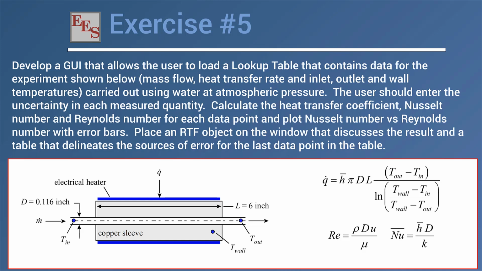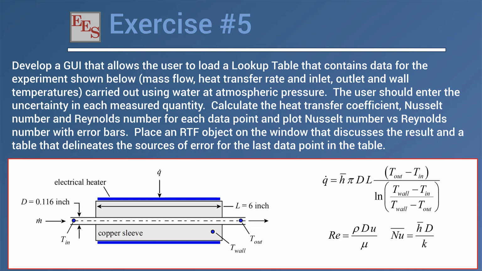And then for every row in the table, you'll go through and calculate the heat transfer coefficient, using the log mean temperature difference equation here, and then non-dimensionalize the heat transfer coefficient as a Nusselt number, and then plot the Nusselt number as a function of Reynolds number, which is given here. And then each data point should have an error bar on that plot based on your uncertainties.